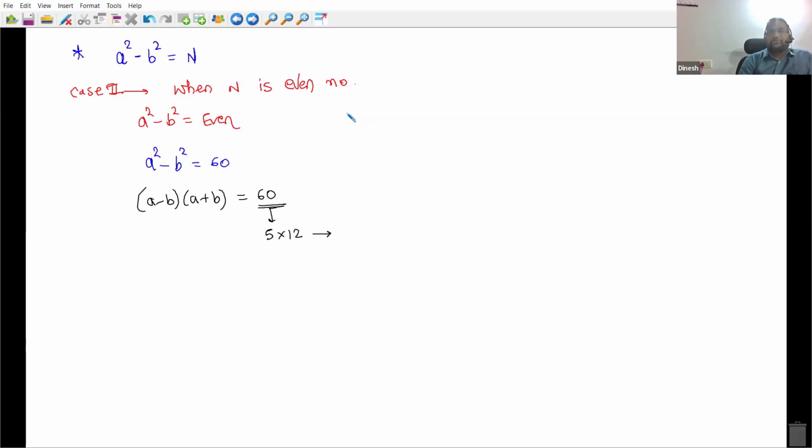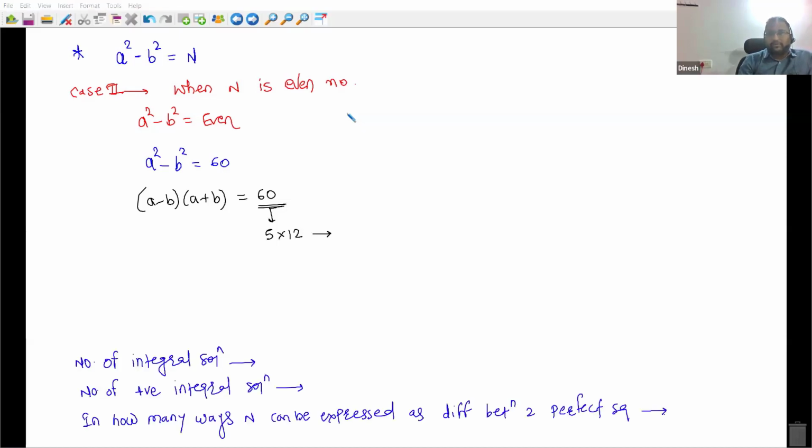Do some calculation as we did in the first question of the previous type. Do some calculation with respect to 5 into 12 and tell me what problem arises. Yes, Harshita, the value will not be an integer.